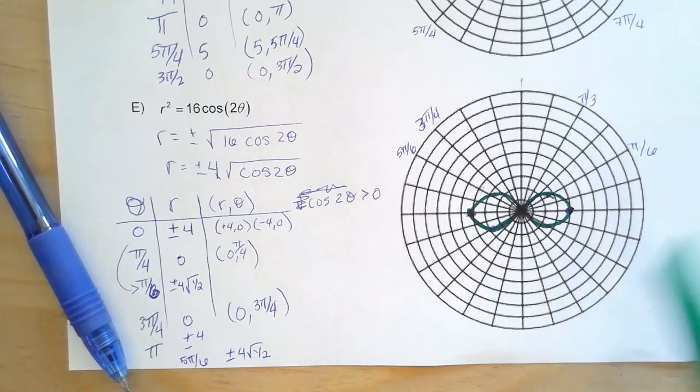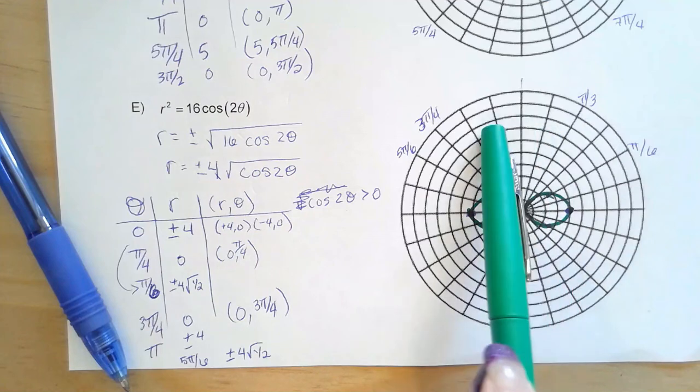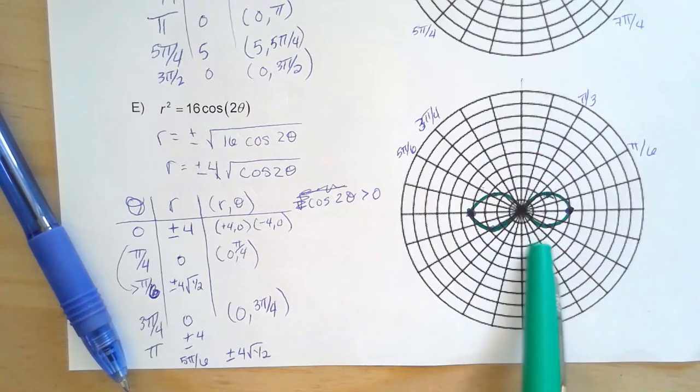And remember, it's undefined right here, and it's undefined right here because cosine 2 theta would be a negative value, and we can't have a negative under a square root. Like I said, the more that you write down in your table, the easier it's going to be to graph, and then you'll be able to recognize what graphs match which functions.